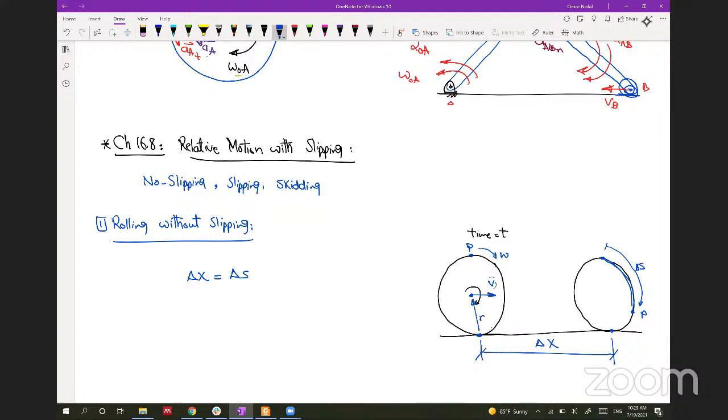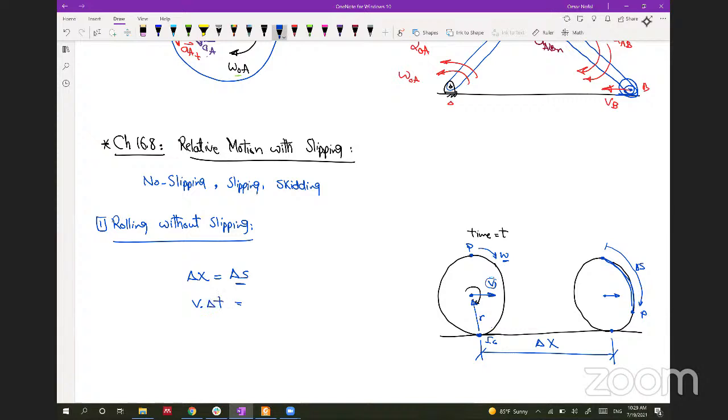I know this is an instantaneous center of zero velocity, and knowing omega, I can multiply r by omega to get this v. So if I want to get delta x, I can multiply velocity by time, delta t.